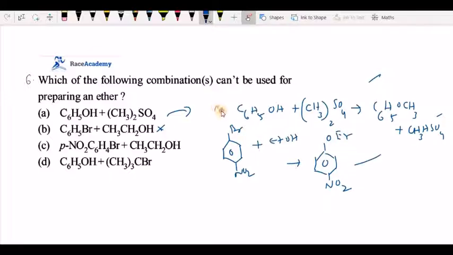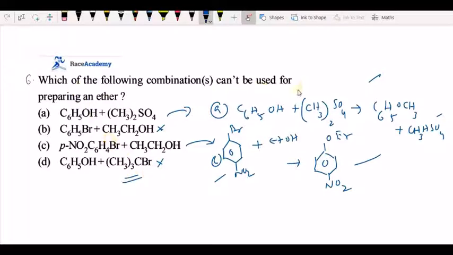So A and C are ethers, correct, the possibility is there. When it comes to the fourth option, we have a tertiary carbon. Tertiary carbon compounds usually undergo the SN1 mechanism, after that they will convert into alkenes. So ether is not possible in the D case.